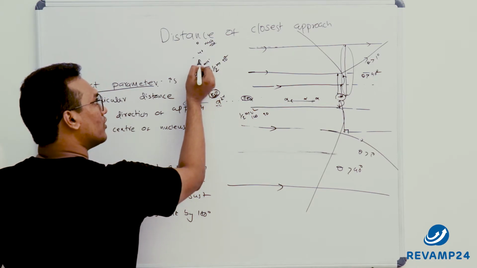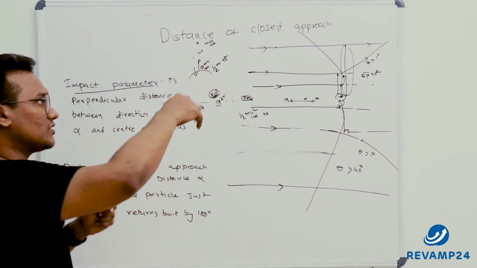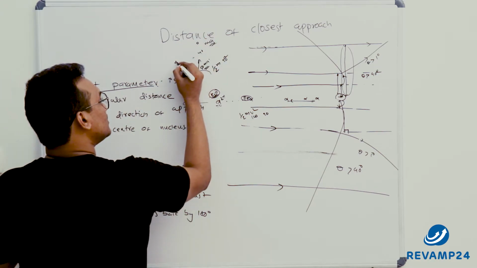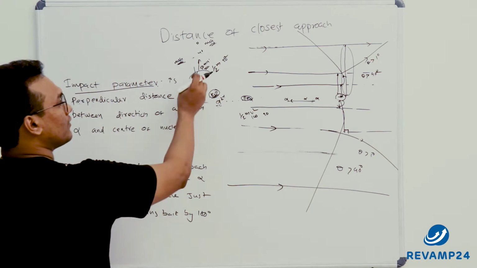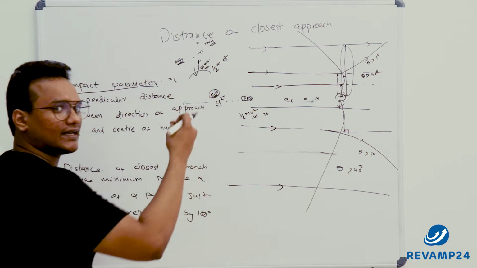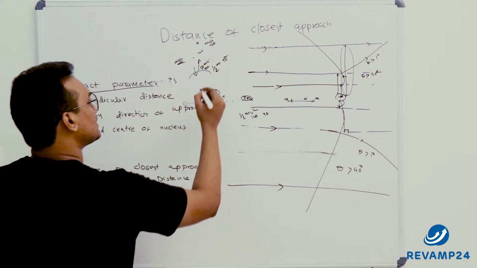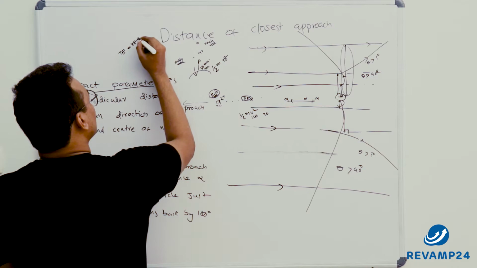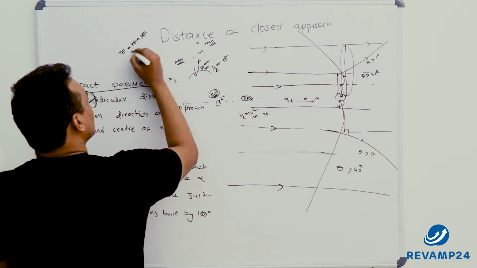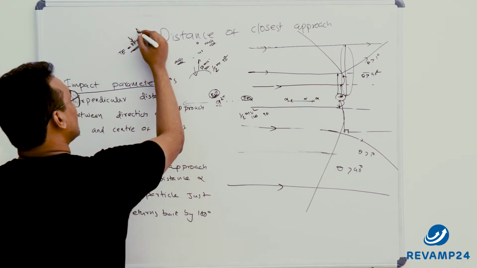When it goes upward, the h value will increase, so mgh value will increase. Velocity will decrease, so kinetic energy will decrease. Total energy will always be conserved. Total energy is equal to kinetic energy plus potential energy. When kinetic energy decreases, potential energy will increase.